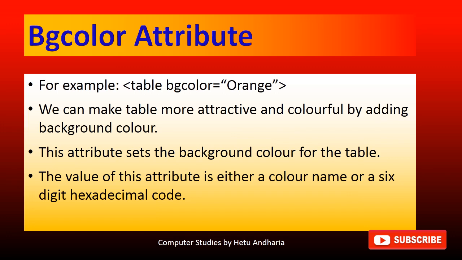We can make the table more attractive and colorful by adding background color. This attribute sets the background color for the whole table. The value of this attribute is either a color name, here I have given the color name orange, or it could be a 6-digit hexadecimal code. So we will do it practically.